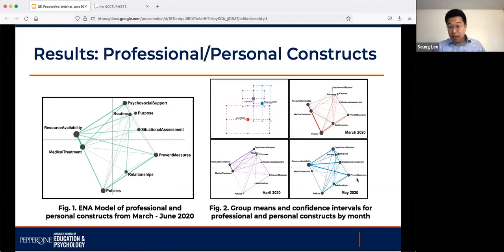And in the later models, in May, there's greater connection now being made to preventive measures that are needed, and also definitely stronger connections being made to situational assessment, right? So given that the pandemic was in its third month, people are now able to take a moment, take a look back, and start to assess where we were.